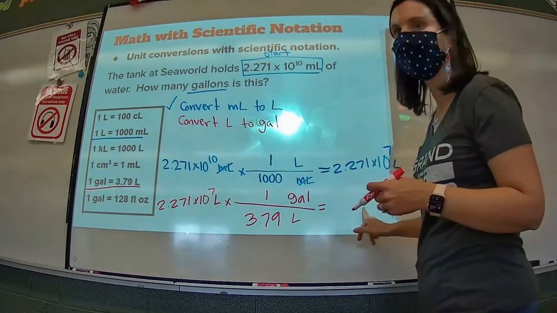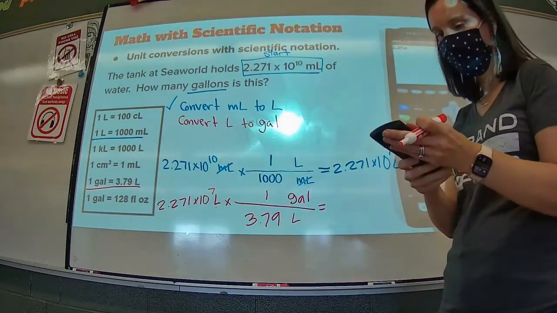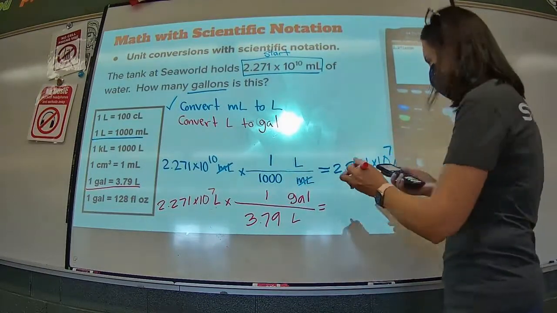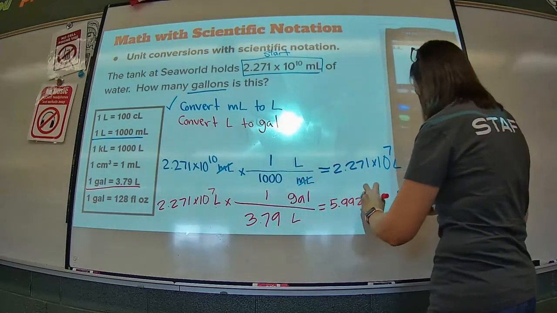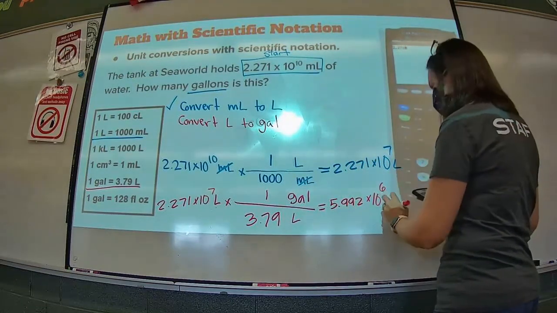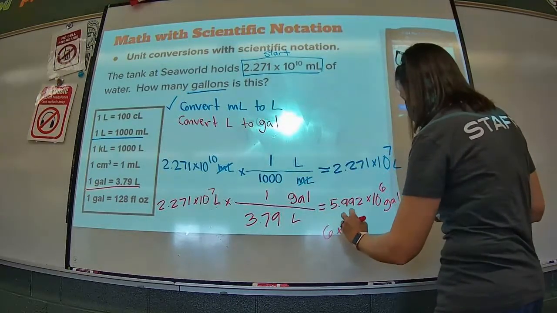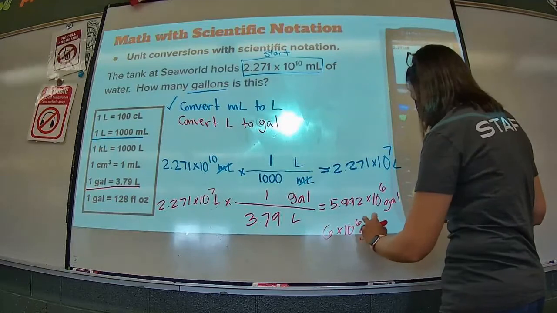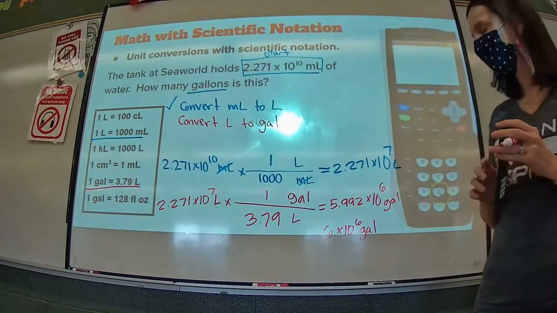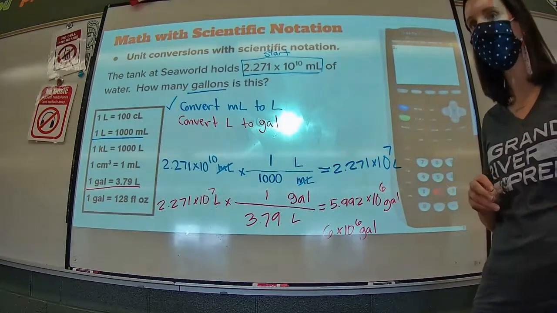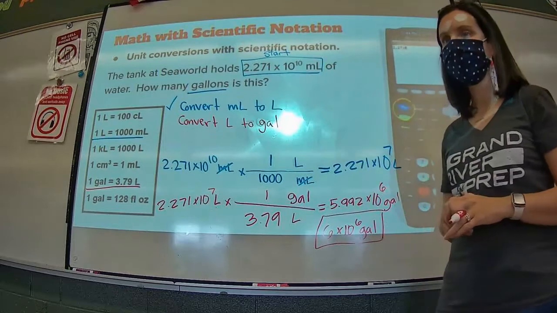And when I do that, for my final answer, I'm going to get 5.992 times 10 to the 6th gallons. So that's roughly 6 times 10 to the 6th gallons. That is 6 million gallons of water in that fish tank. Okay, there you go.